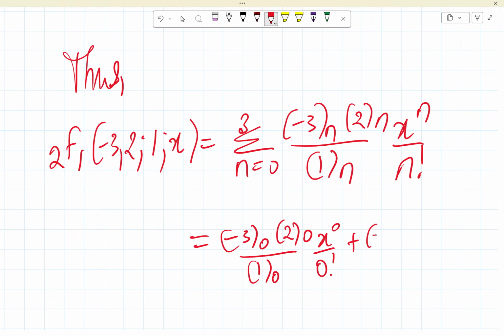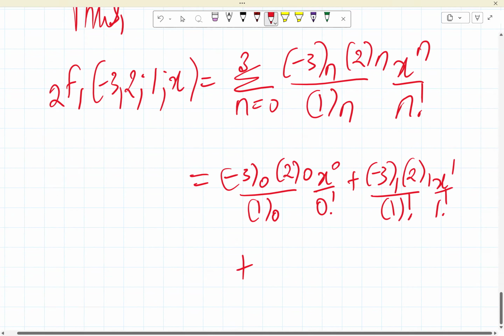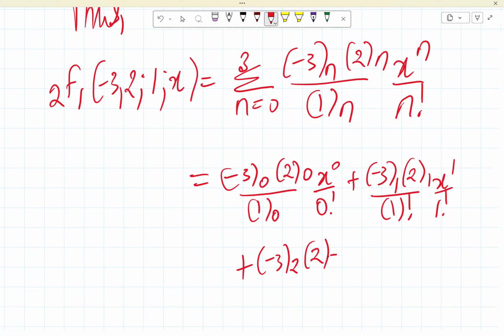Second term, (minus 3)_1 (2)_1 all over (1)_1, then x raised to 1 over 1 factorial. The third term is now (minus 3)_2 (2)_2 over (1)_2, x raised to 2 over 2 factorial.